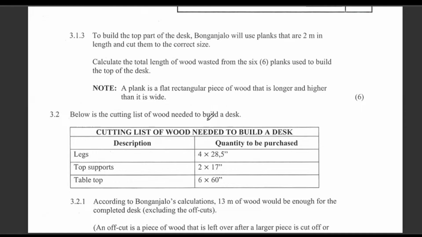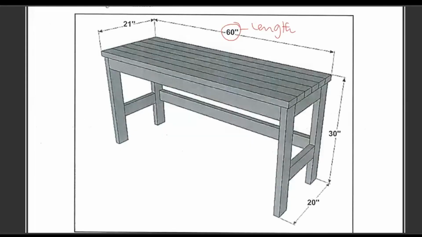A plank is a flat rectangular piece of wood that is longer and higher than its width. Okay, let's look at that and we see. So they want us to find out.